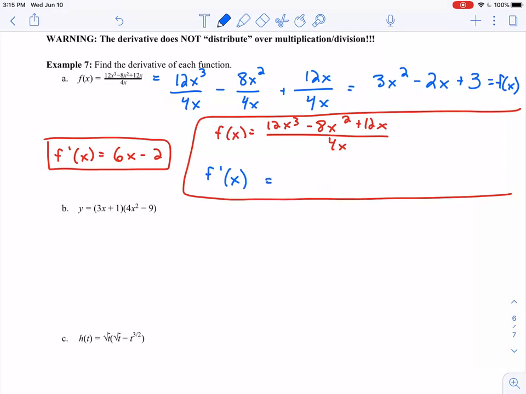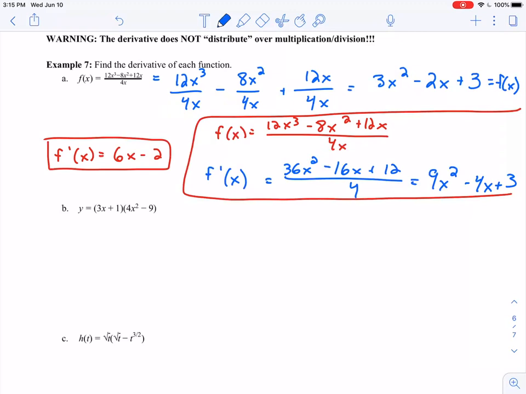The derivative of the numerator is 36x squared minus 16x plus 12, divided by 4. If I divide each one of those terms by 4, I would have 9x squared minus 4x plus 3.